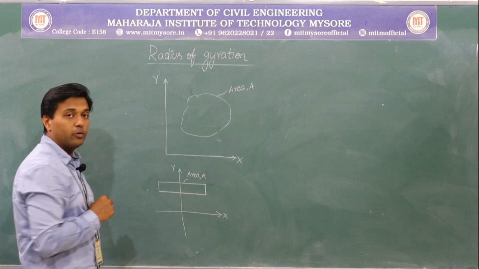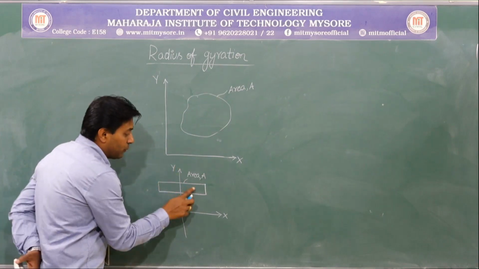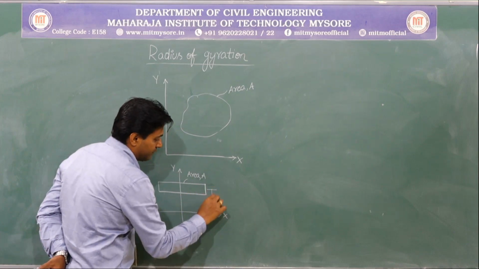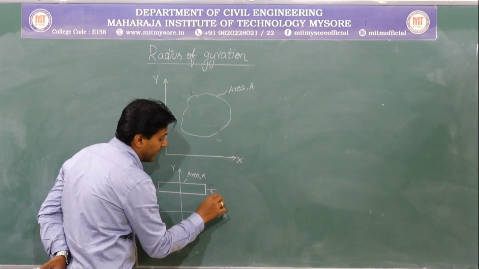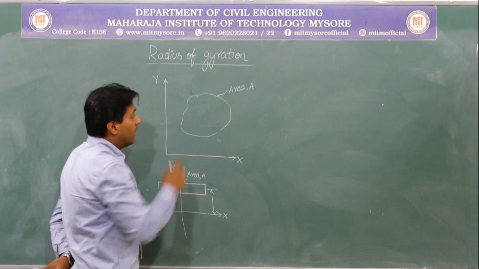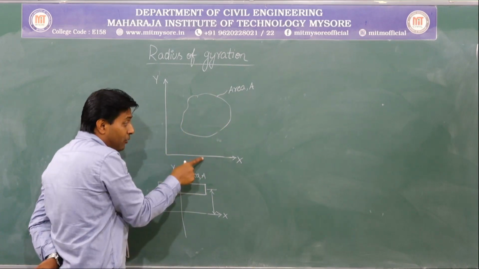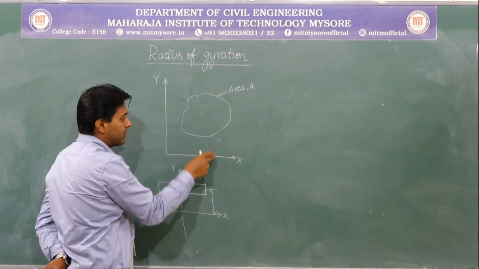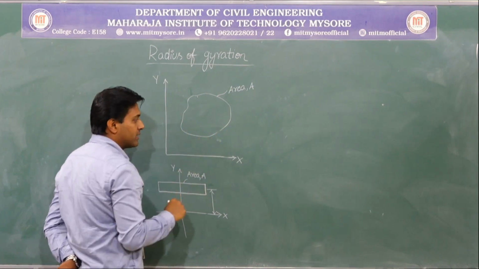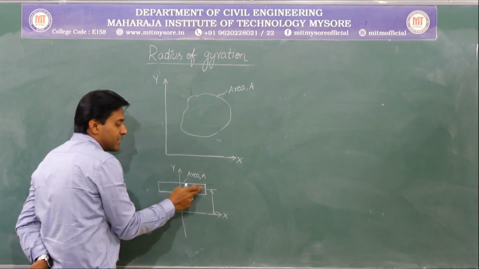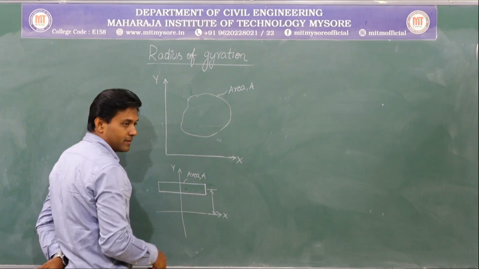Now I need to place this object from the x axis at a distance in such a way that whatever moment this object was developing about the x axis, area into distance, the same moment should develop for this also. In such a manner, I need to keep that distance.